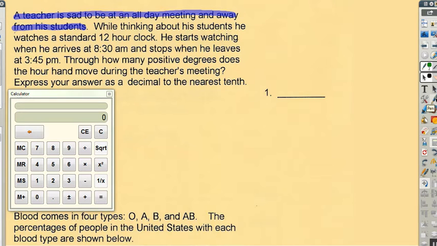All right. So here's the deal. We know that a standard 12-hour clock has 12 numbers on it, and we know that the number of degrees in a circle is 360. So each hour has to have, well, 360 divided by 12, so each hour has 30 degrees in it.